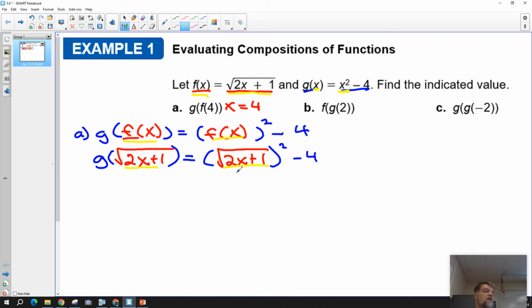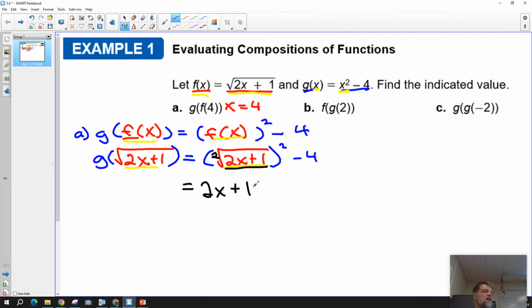So then what I need to do to finish the equation is, what happens when you square a square root? In other words, this is the second root of all this stuff. Well, when you square a square root, you're just left with the stuff underneath the square root, right? So this just becomes 2x plus 1.